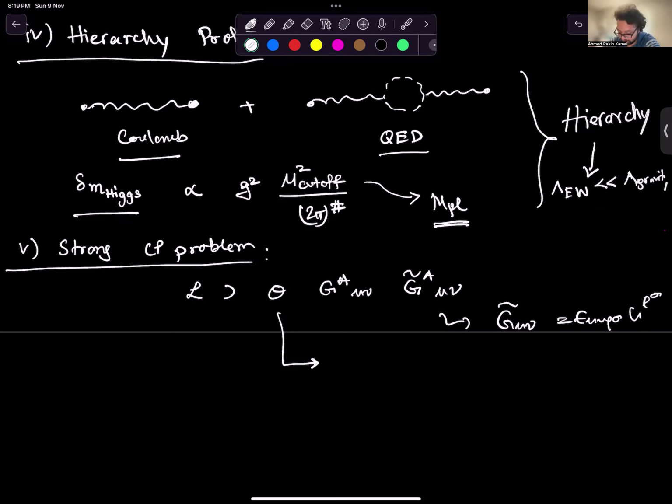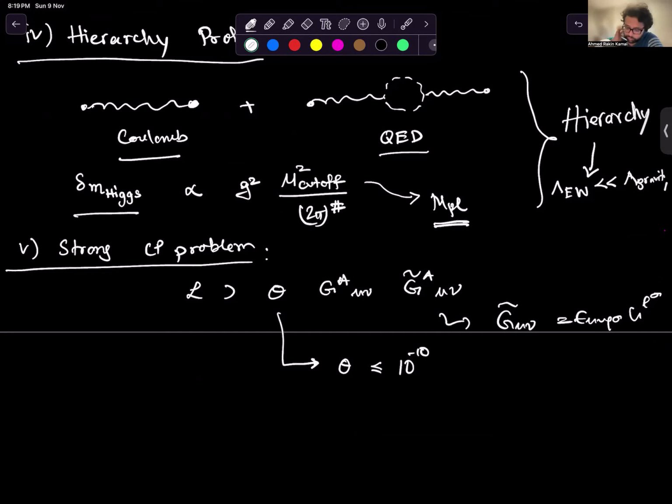Experiments suggest that this theta is an extremely small number. If I remember correctly, it's smaller than 10 to the minus 10 or something. This is from consistency and experiments. The term should be there for consistency, and experiments suggest that since it is there, it is extremely small. This relates to a story of anomalies, which you can look up in the notes by Fernando.